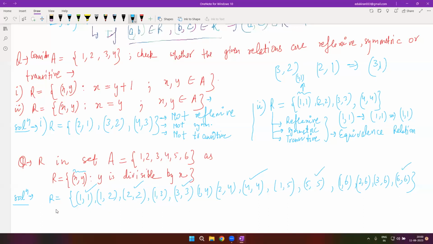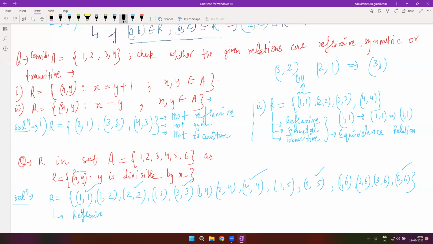It is reflexive. Whatever the reflexive elements are, (1, 1), (2, 2), (3, 3), (4, 4), (5, 5), (6, 6), they are also symmetric and they are also transitive.